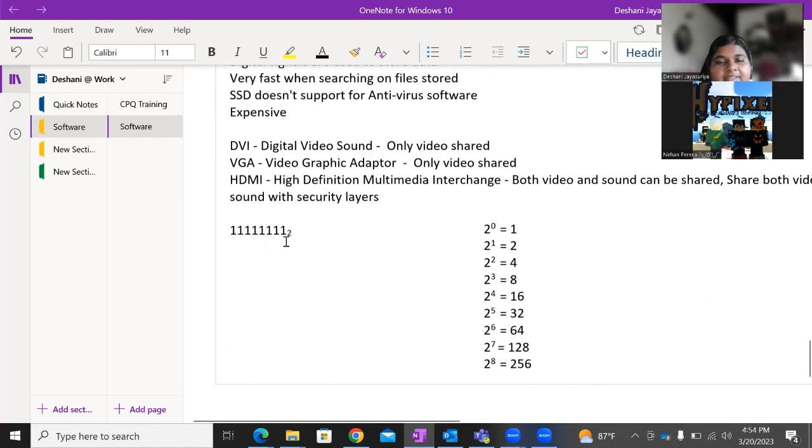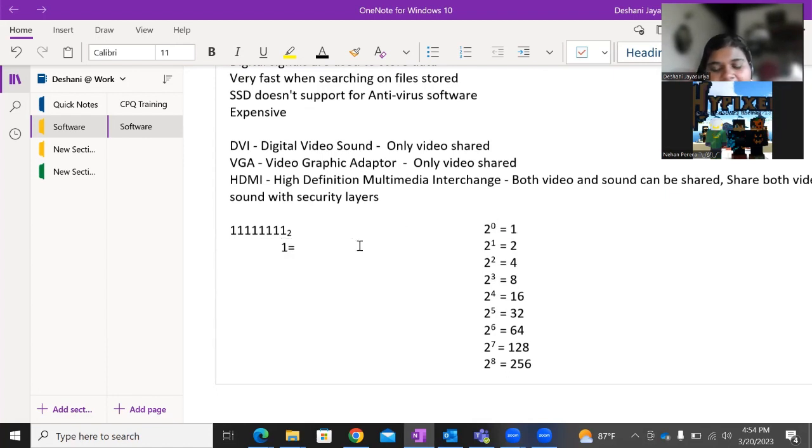Starting from the rightmost one, you have to say 1 into... So here I'm just trying to get the values, right?